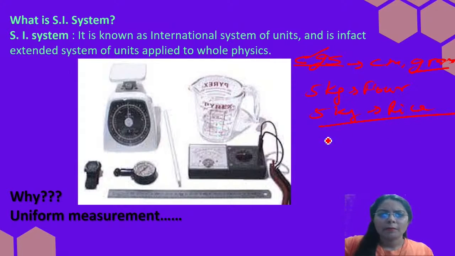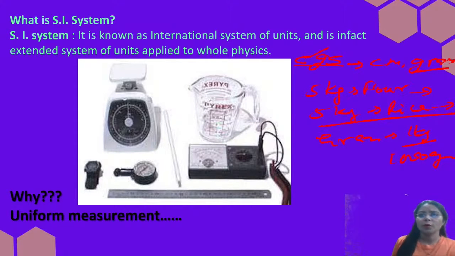Suppose you need gram flour, then you say I need 1 kg of gram flour. It will be difficult if I say 1000 grams of gram flour is required, 5000 grams of rice is required, 5000 grams of flour is required. That is a very difficult thing to follow.